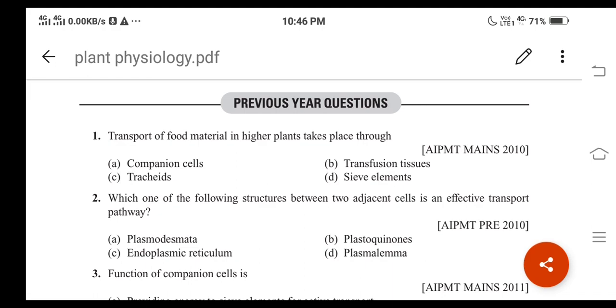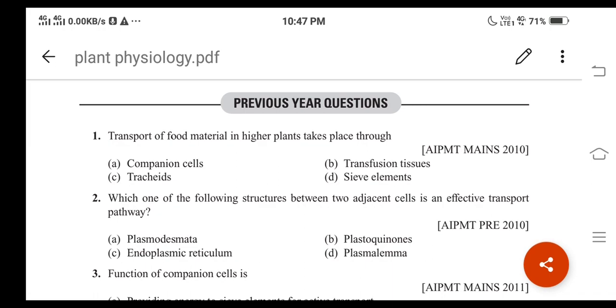Remember, sieve elements are what we commonly call the sieve element. For example, in flowering plants, the main food conducting element will be sieve tubes only, which are a component of the phloem.